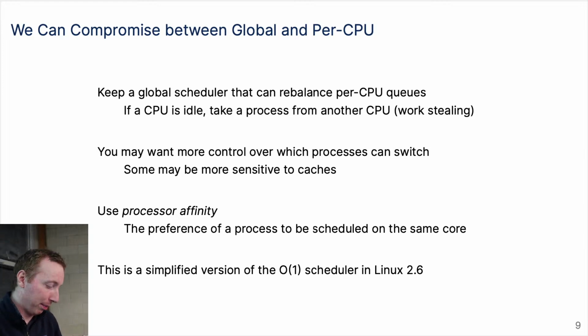And that is where processor affinity comes in. Every process has an affinity, which basically assigns a value that says what this process's preference is to be scheduled on the same core. If it has a high affinity, it would prefer to stay on the same core and not switch between cores.